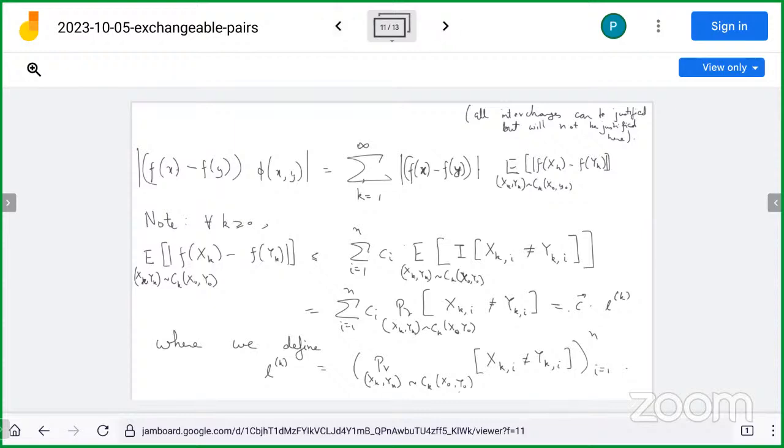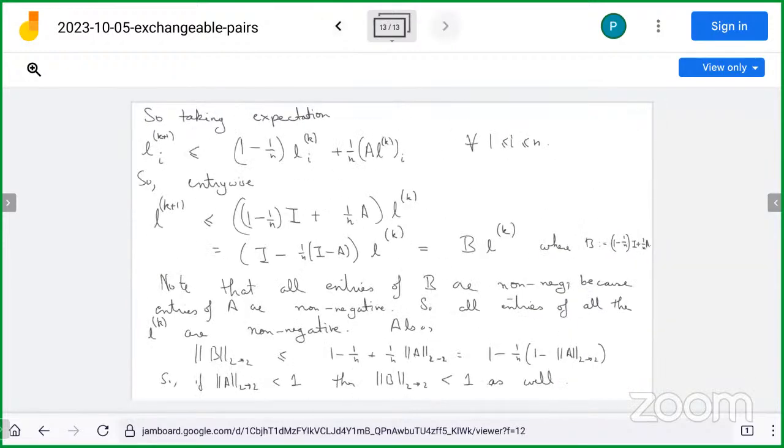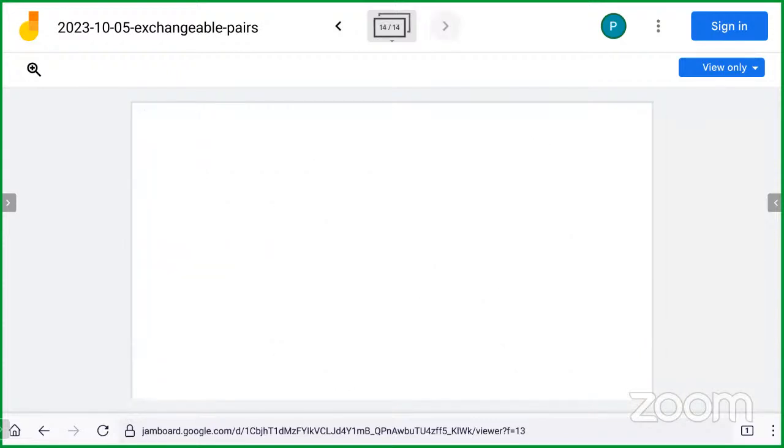So this notation will become cumbersome, but yeah, what was it?